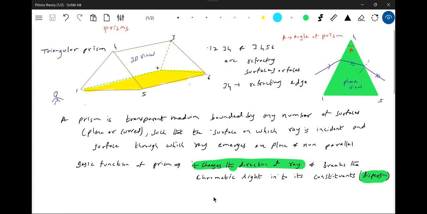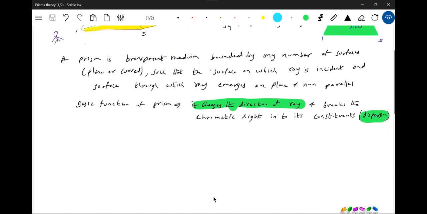Now a few things we will define. First, refracting faces. I already defined them, but once again I'll bring it up. What are refracting faces?